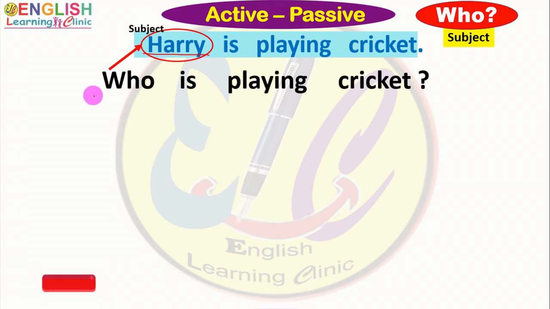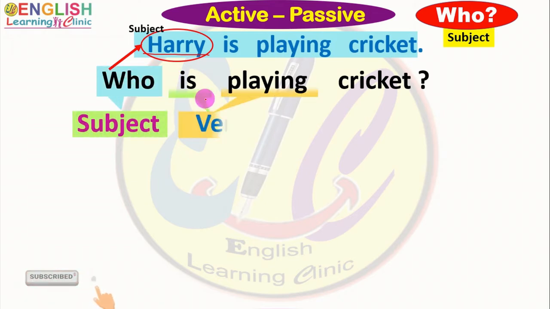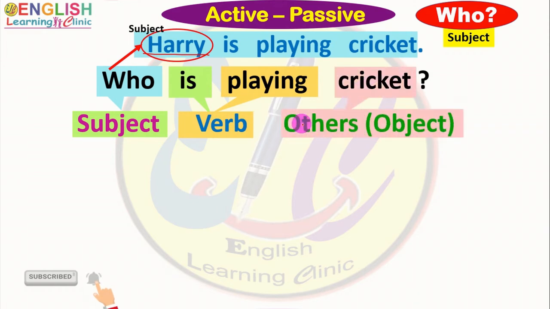So consider it as an assertive sentence because the WH word who takes the place of the subject. So the structure here is subject, next the verb form, next the others or object. This is already in assertive structure.